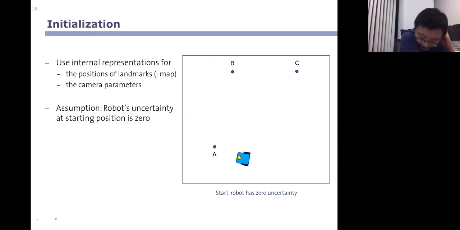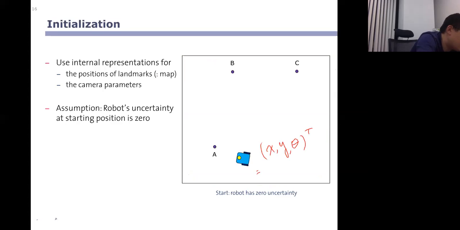So when you turn on the robot, you can assume that the current robot position is what? If this is localization in 2D, it should be x, y, theta, right? This is how we represent the location.